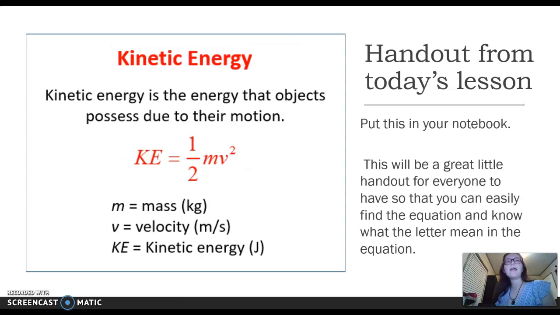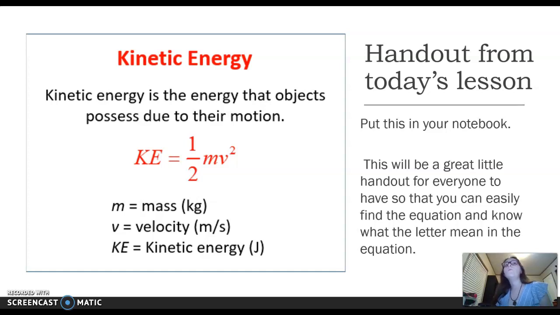So we're going to have a handout from today's lesson to put in our notes. It's always good to have our notes here in science. This is a really good little handout. It helps you figure out stuff and remember what we learned today. We have our formula, KE, which is kinetic energy, equals 1/2 mv squared.